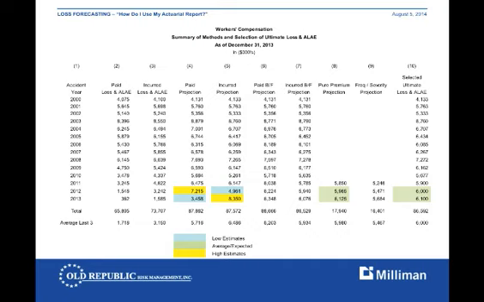So when we look at the merits of each of the various methods, I'll focus first on the development methods, the paid and the incurred development methods. Focusing on the incurred method first, as we recall a few slides ago, we talked about how the incurred loss development method produces estimates of ultimate loss.